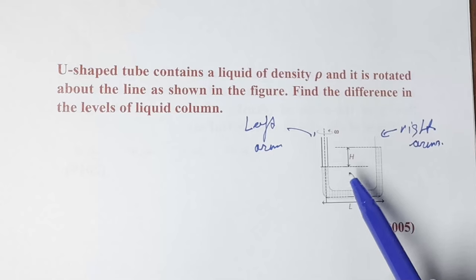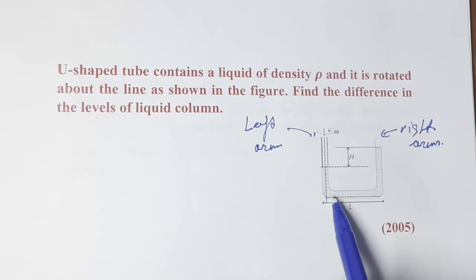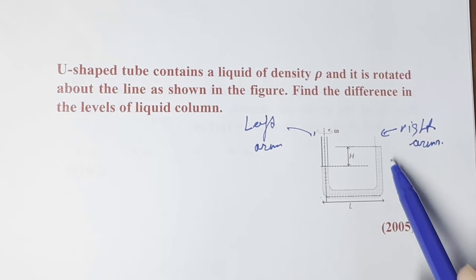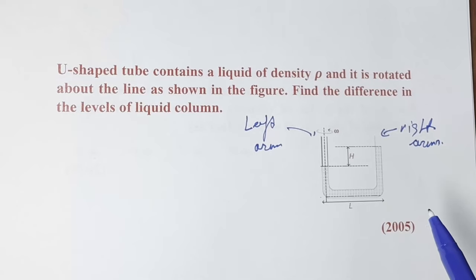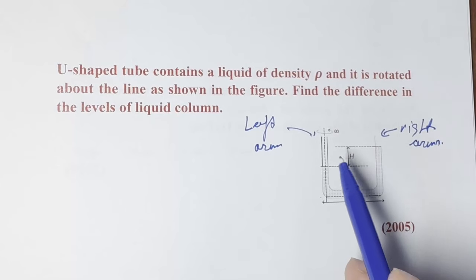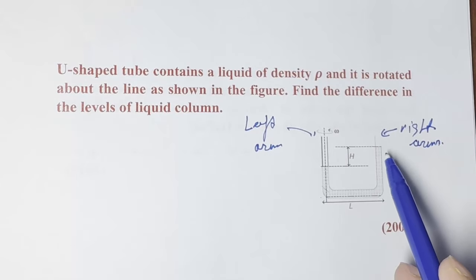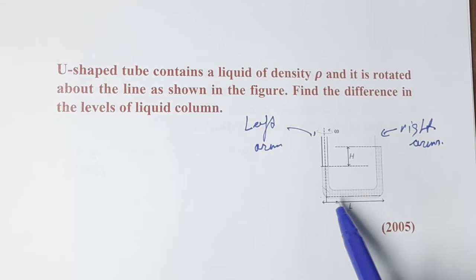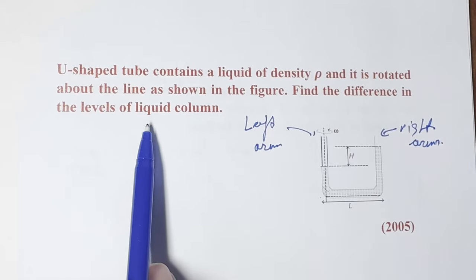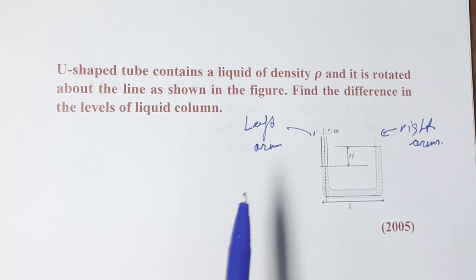We are going to find the pressure at the base of the liquid because of the left arm, and at the base because of the right arm, and also add the effect of the centrifugal force. If the liquid is in equilibrium, the pressure at the base will be equal, and we can find the difference in the height of the liquid column, that is capital H.